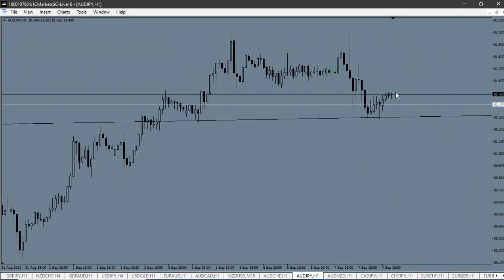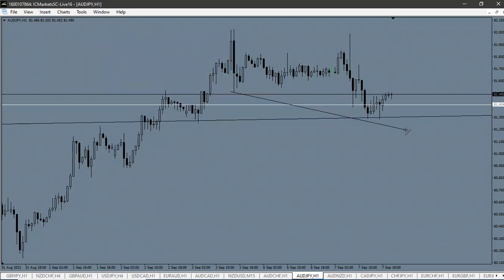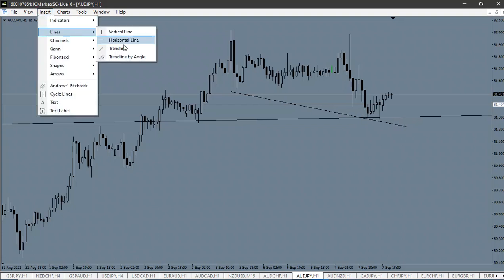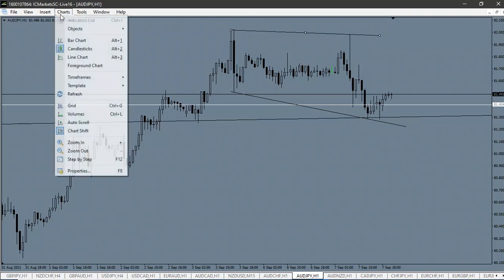So what we can do is take the buys right there from the 4-hour candlestick.